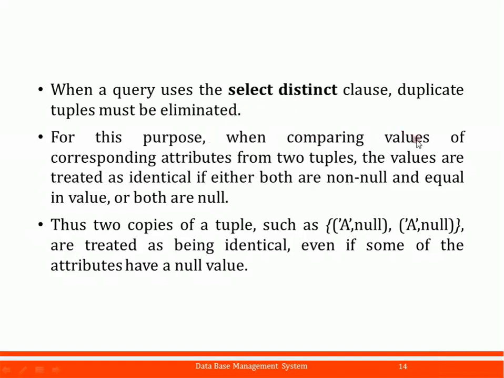For this purpose, when comparing values of corresponding attributes from two tuples, the values are treated as identical if either both are not null and equal in value, or both are null. Thus, two copies of a tuple such as (A, null) are treated as identical even if some of the attributes are null.